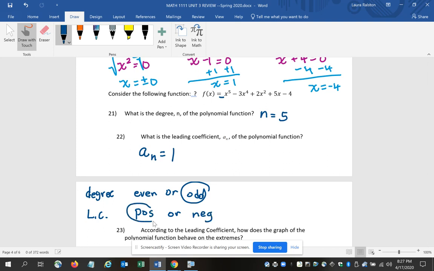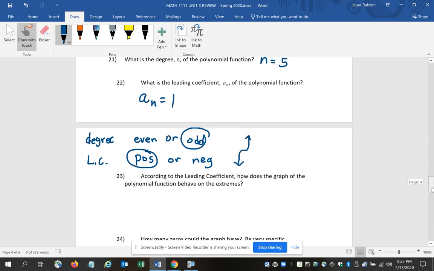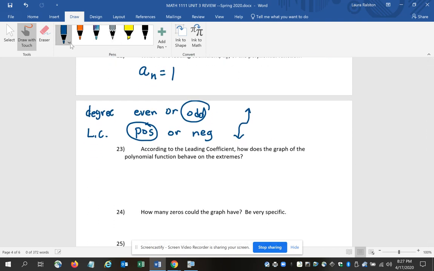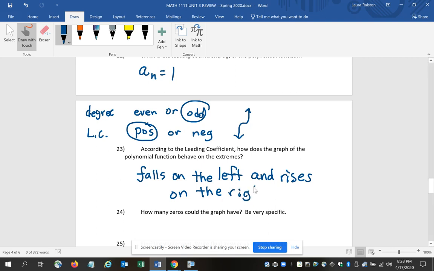In this case, it's positive. And so when it's odd and positive, it looks kind of like my x cubed. So that is my clue that my end behaviors are going to be such that it falls on the left and rises on the right.